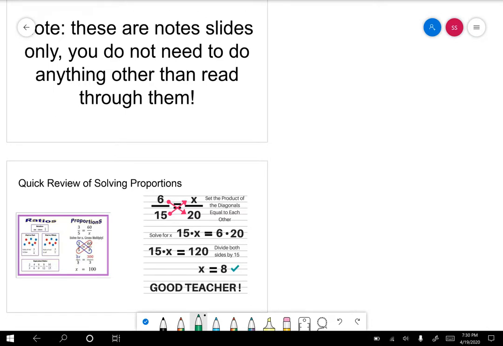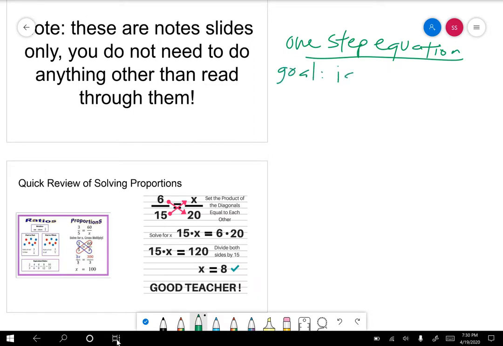Okay, so there are multiple ways to solve proportion problems. The way I'm going to go over is basically solving a one-step equation. Now, remember when we're solving one-step equations, basically the goal is to isolate the unknown variable.